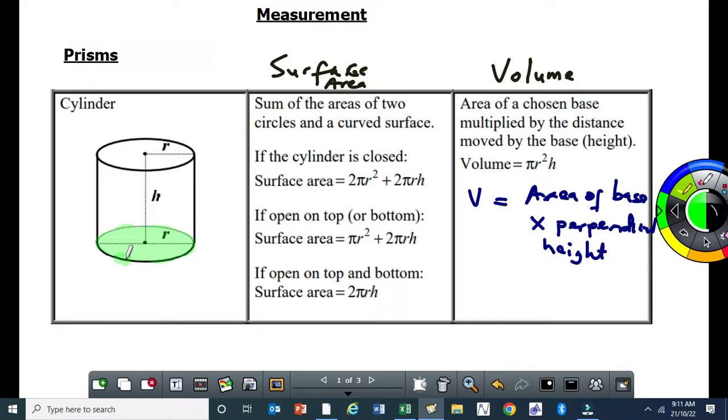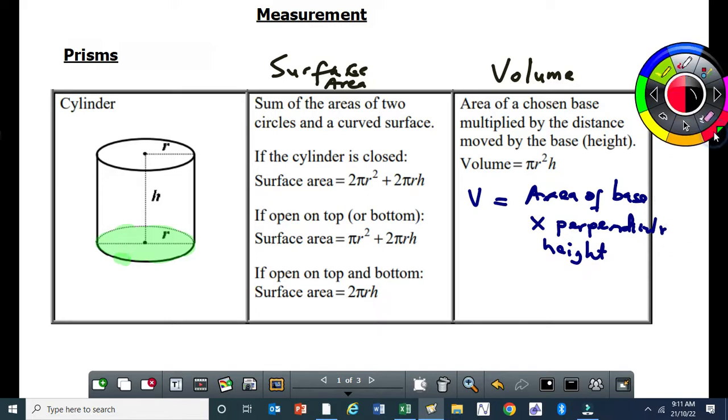So the volume of the cylinder is equal to the area of the base, which is pi r squared, times the perpendicular height to the base. So the formula for calculating volume for a cylinder is pi r squared h.